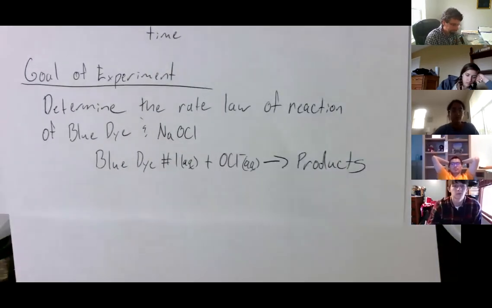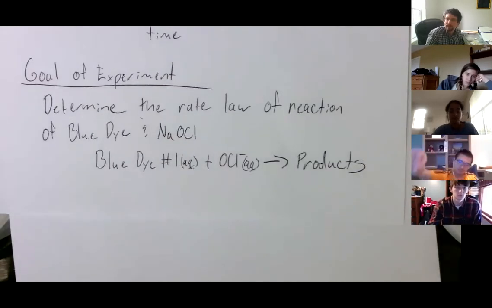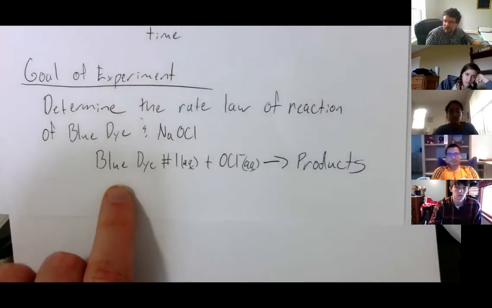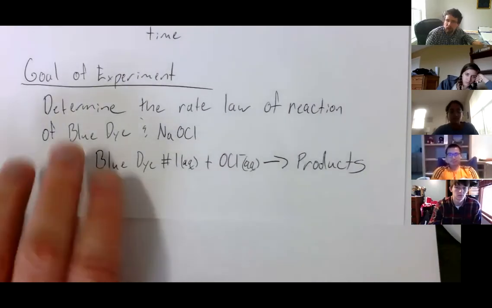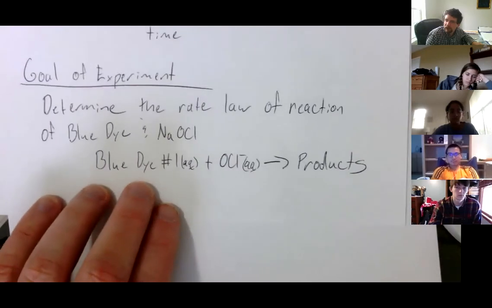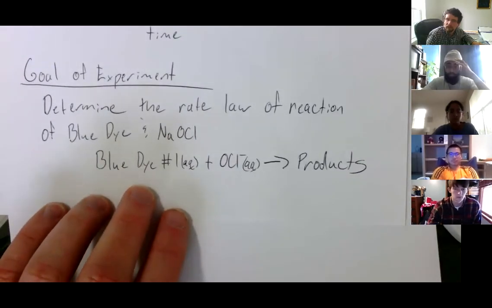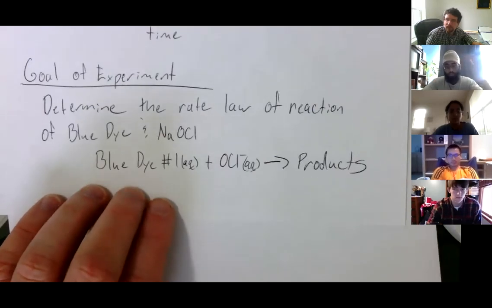How are we going to keep track of this? In the pre-lab we talked about how we are going to monitor this reaction. How do we know it's going to completion? Changes in absorbance. Yeah, changes in absorbance.